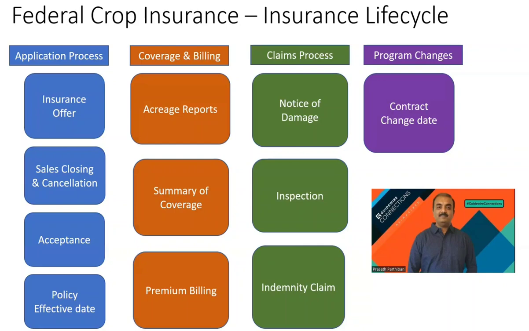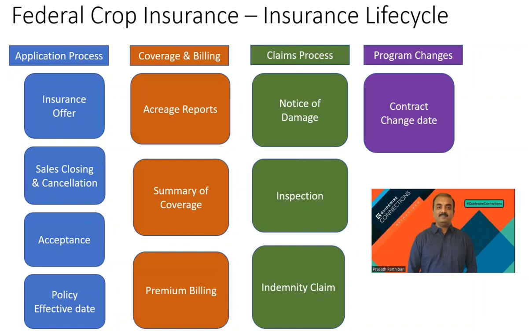Out of 10 acres, it is possible that the insured may plant crops only in 8 acres, and the remaining 2 acres will be left alone. So you have to report the entire acreage and say this is the amount of crop that I'm going to plant. Once the insurance company receives that, they give a summary of coverage details: for this particular acreage and the amount of crops you are planting, this is your coverage. That goes to the customer.